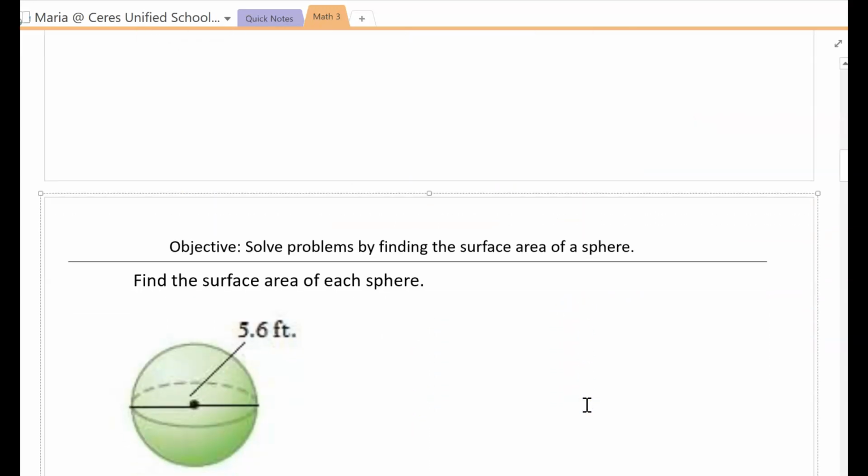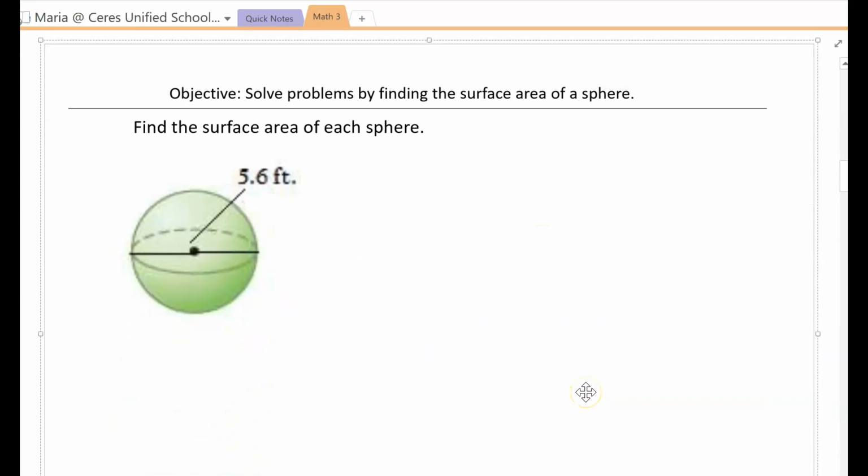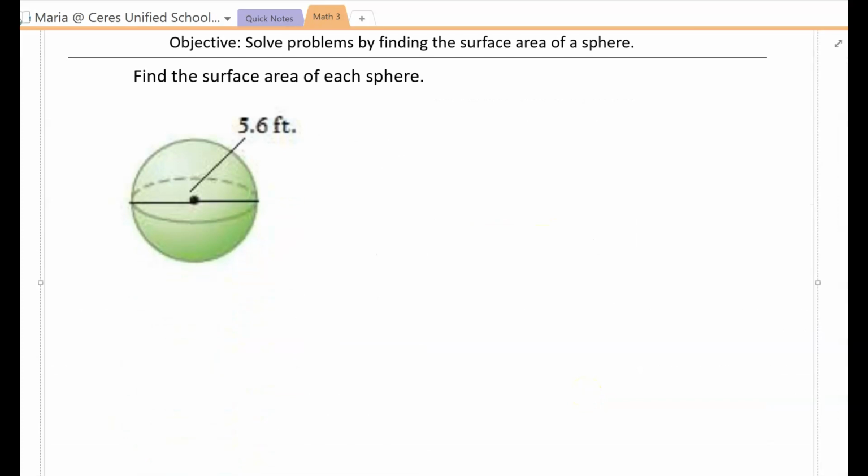Let's look at the first example. My directions say to find the surface area of each sphere. Remember the formula is S equals 4 pi times the radius squared, so the only thing I need to know is the radius. In the picture I have a full segment, so the 5.6 is actually the diameter.